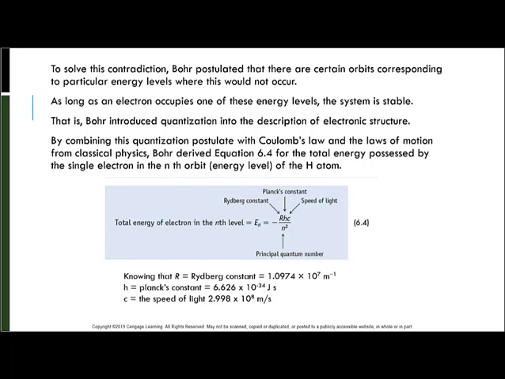By combining this quantization postulate with Coulomb's law and the law of motion from classical physics, Bohr derived an equation for the total energy possessed by a single electron in the nth orbital or nth energy level of a hydrogen atom. We're going to look at that here.